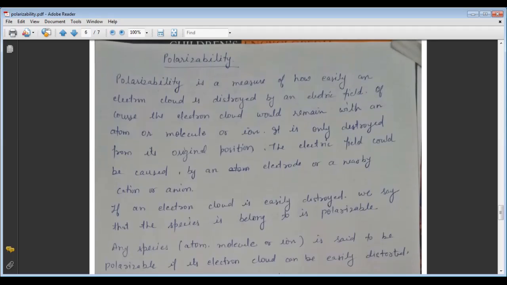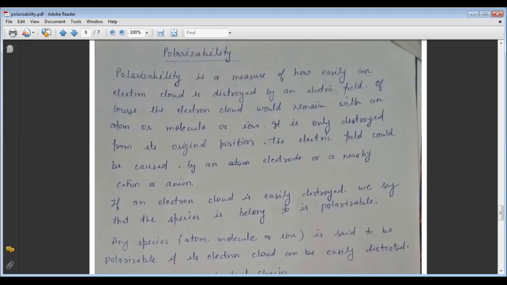We say the electrons are in the form of a cloud. So how can the electron cloud be distorted by the electric field? Of course, the electron cloud remains with the atom or molecule or ion, whatever it is. It is only displaced from its original position.